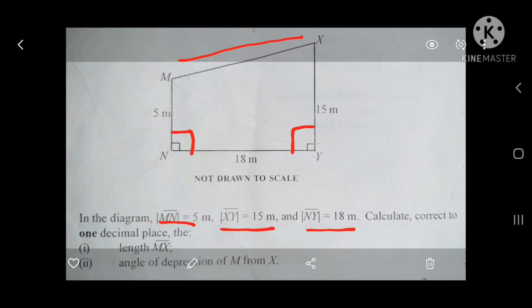So this means that the two lines are parallel. So this line MN and the line XY are parallel.